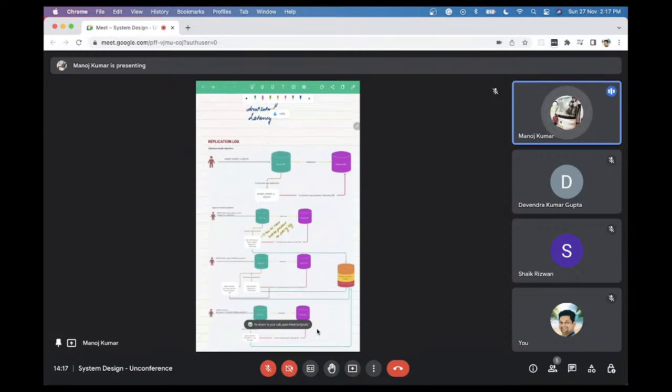No, you can do that, but probably you need to have different ports configured, and then you need to determine which is your master and which is your slave, and then do a replication to them. Yeah, that can be done.